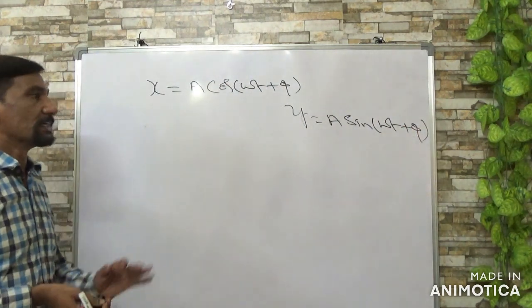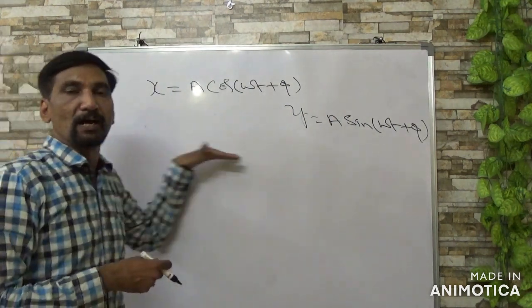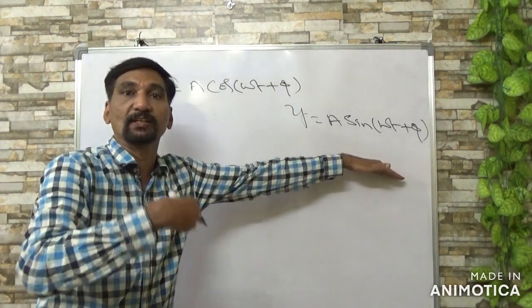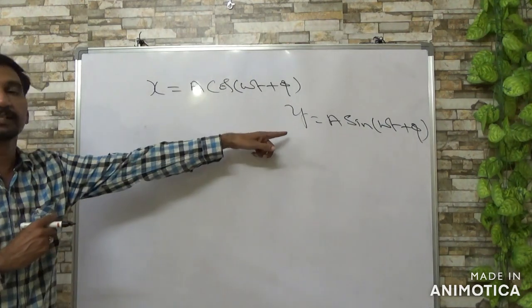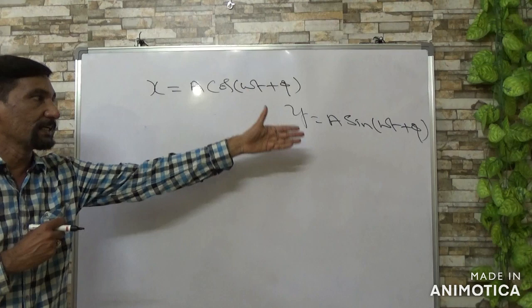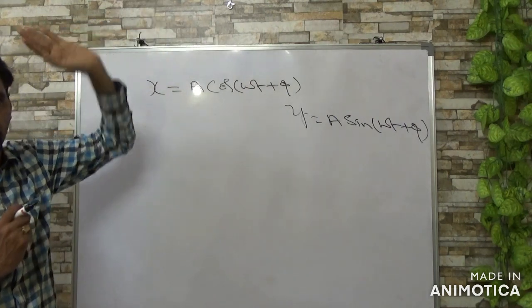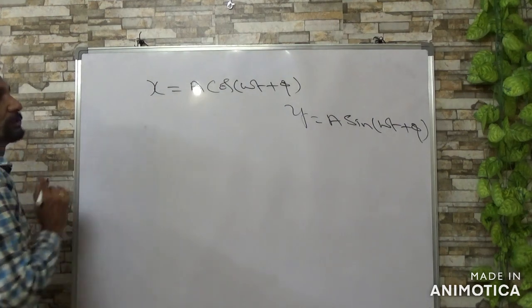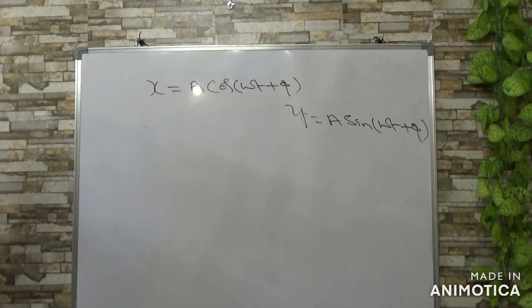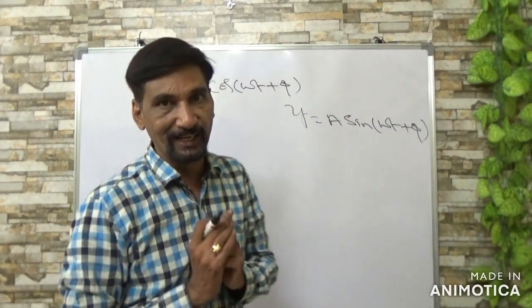So this is the displacement of the particle when it is projected on the diameter of the x-axis of the circle, right? Or this is the displacement of the particle executing SHM on the diameter of the circle in the y direction. Okay, now from displacement you can find velocity and also acceleration.